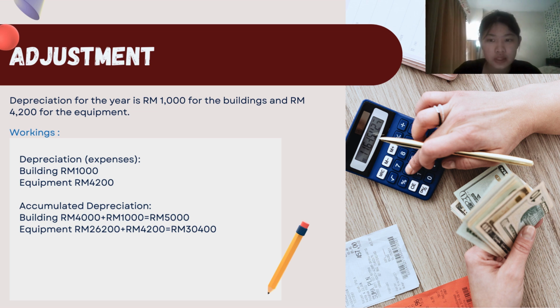So, to calculate the accumulated depreciation, we will use the 4,000 ringgit plus 1,000 ringgit and we will get 5,000 ringgit for the buildings. And for the equipment, we will use 26,200 ringgit plus 4,200 ringgit and finally we will get 30,400 ringgit.